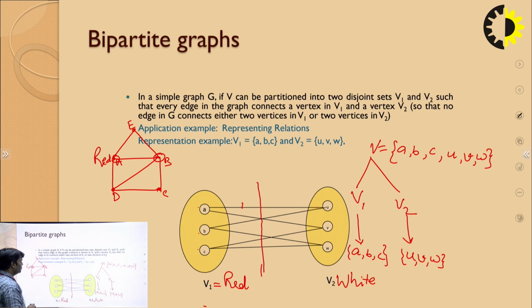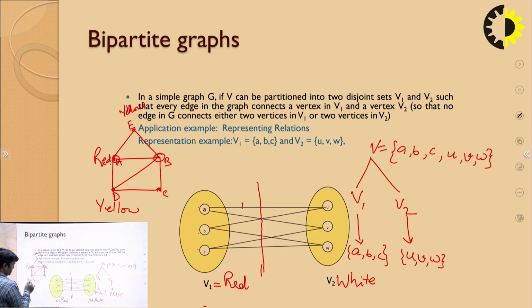Here we have to put a different color other than red. If A has red, then E will be yellow, and the adjacent vertex D should also be yellow because this node is not adjacent with A.